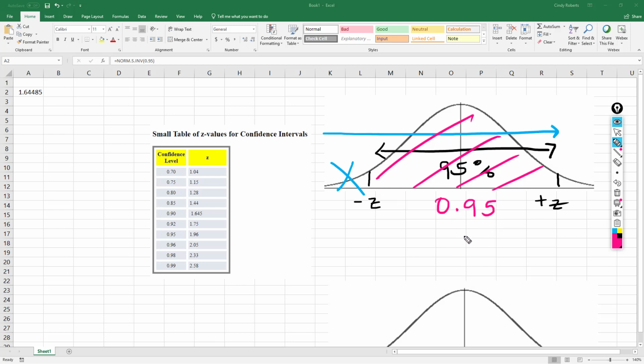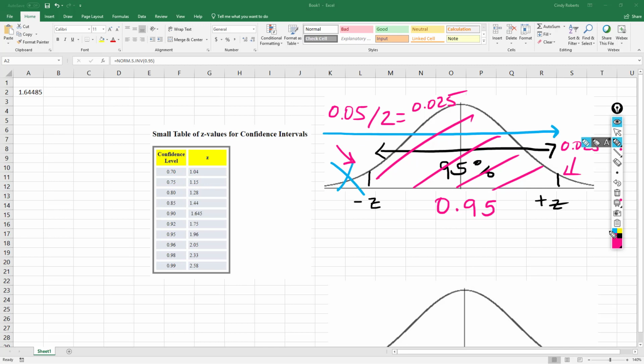What does that leave us with? 1 minus 0.95 gives you 5%, and we have to put half of it down here and half of it here. So 0.05 divided by 2 is 0.025, and that piece right there is the same thing.